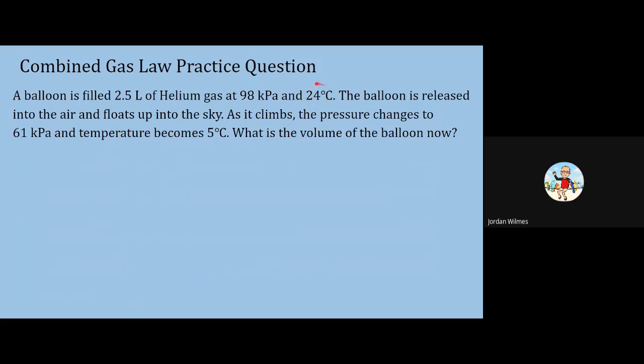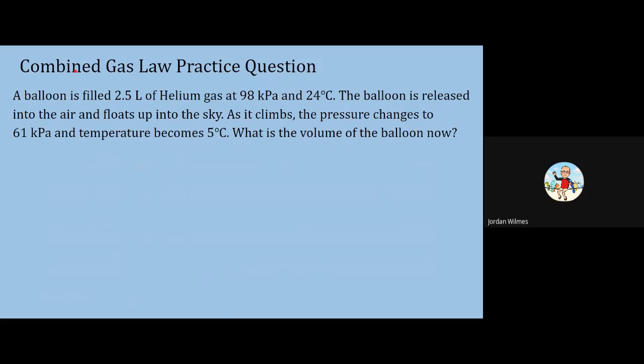So we're going to end up converting that to Kelvin. The balloon is released into the air and floats up into the sky. As it climbs, the pressure changes to 61 kilopascals and the temperature becomes 5 degrees Celsius. What is the volume of the balloon now?